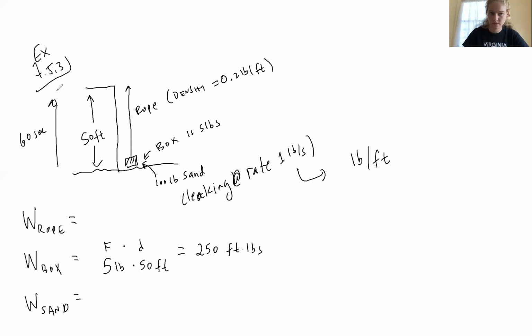So it's losing 60 pounds, but it's only moving 50 feet. So how many pounds is it losing per foot? And the answer is 1.2 pounds per foot. Really all that is, is 60 divided by 50. So it's 60 pounds in 50 feet. And so that's where you get your pounds per foot.